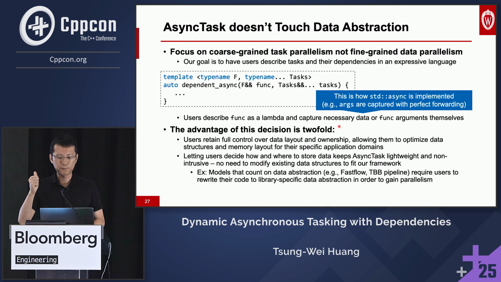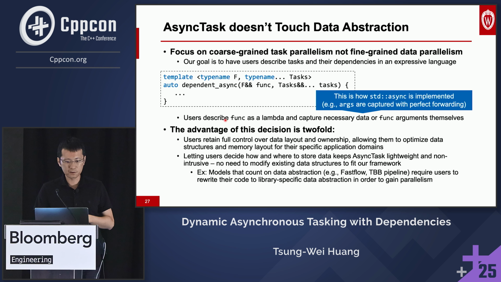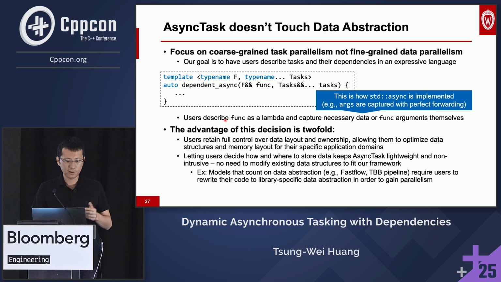We want to focus on coarse-grained task parallelism instead of fine-grained data parallelism, because our goal is to have users describe tasks and their dependency in an expressive and clean graph language. With this interface, users can always describe their function as a C++ lambda function object, and they can capture whatever data necessary or a function argument by themselves.